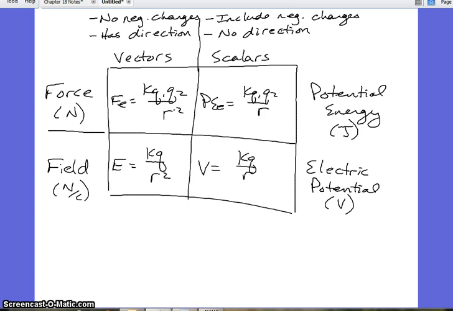If there's an R squared on it, we are vectors and we do not put the negative charges in our equations. We just leave everything as positive. And we must include a direction whenever we write our answer. So hopefully this chart here will help you to remember what to do and which equation refers to which. We have electric force and electric field are vectors, and potential energy and electric potential are scalars.